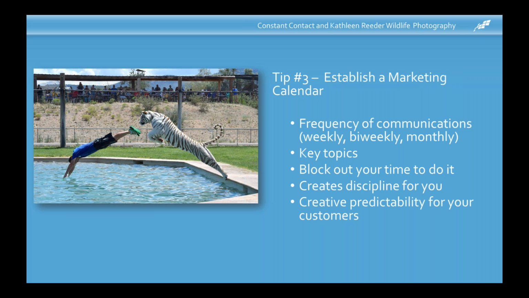Think about how you want to communicate to your customers, your followers, and if you're going to send an email out, are you going to do it weekly, bi-weekly, monthly. And just jot down some notes on a day-to-day basis when you're making to-do lists or thinking about other things. Just jot down some topics that you might want to talk about in a blog or in an email.